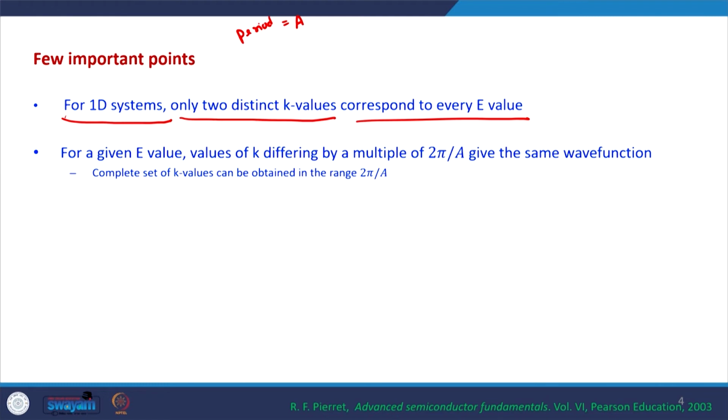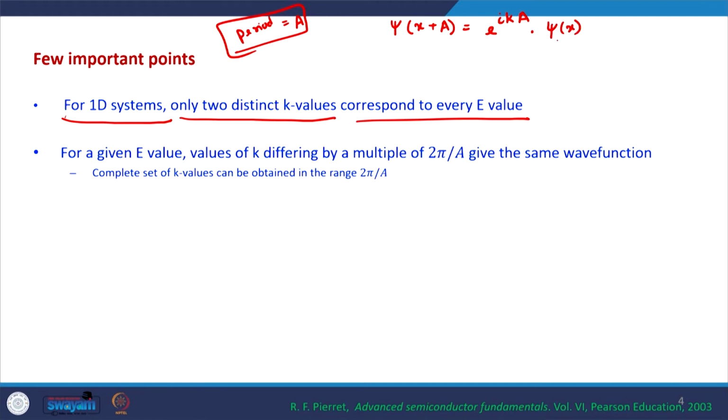In other words, k values separated by 2 pi by A give the same wave function, and that is a direct consequence of Bloch's theorem, because Bloch's theorem states that psi of x plus A is essentially exponential i k A, times psi x.